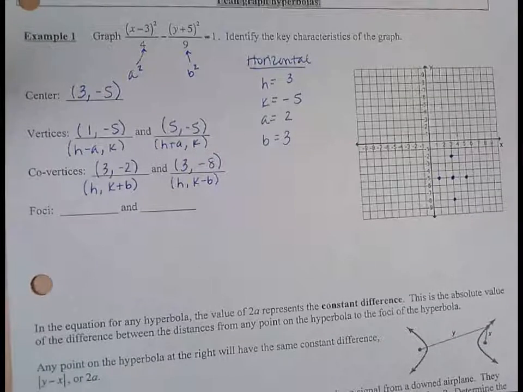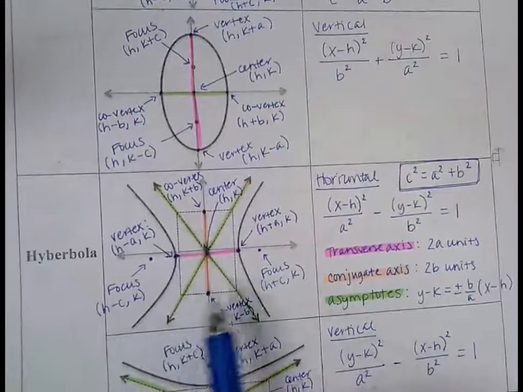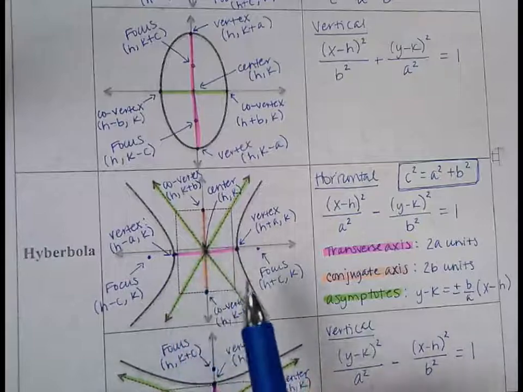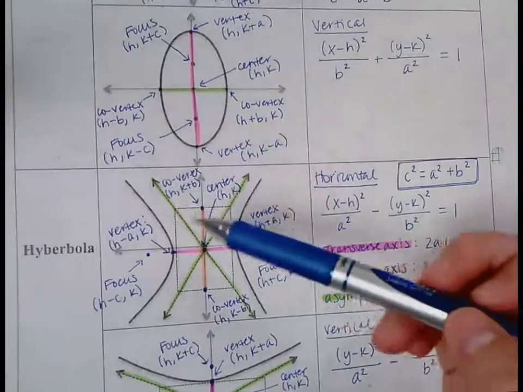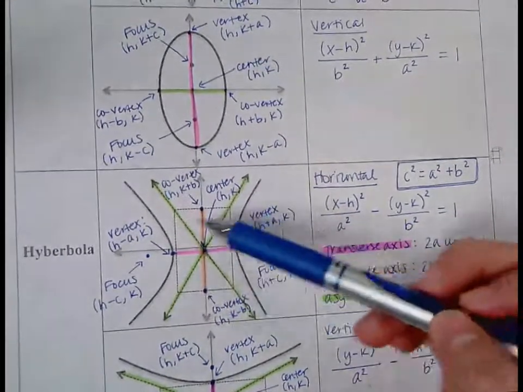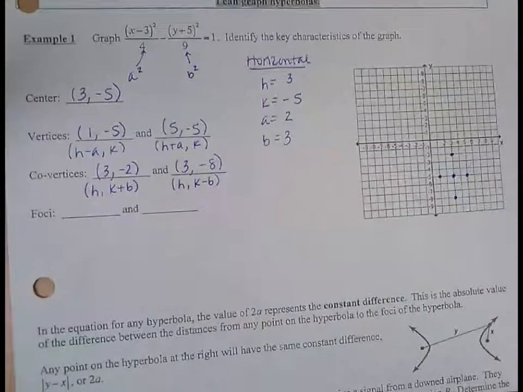Okay, before we find the foci, we're actually going to graph this hyperbola. So once you have your vertices and your covertices plotted on your graphic organizer, you see that rectangle or that box, and make sure it's dashed. The box is formed by your vertices and your covertices.